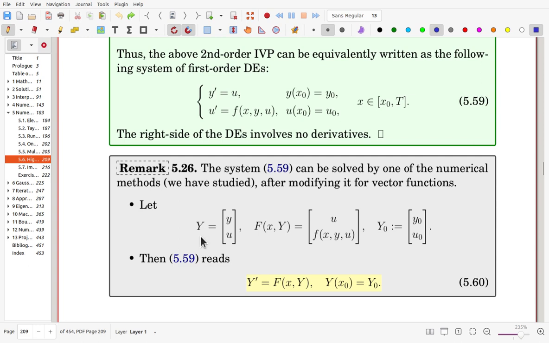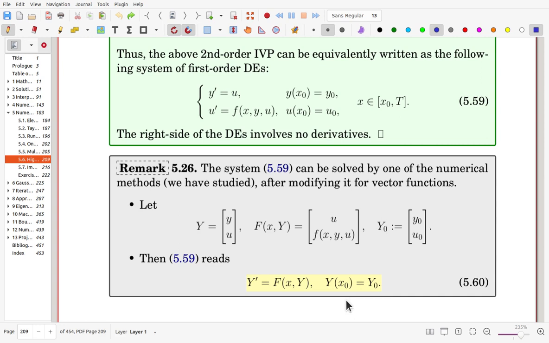Let's say capital Y is y and u, and capital F of x, Y is u and that is this portion. Then we can write these two equations in this vector form. Y prime is now capital F of x and Y, and capital Y at x0 is now y0, u0, which is capital Y0.